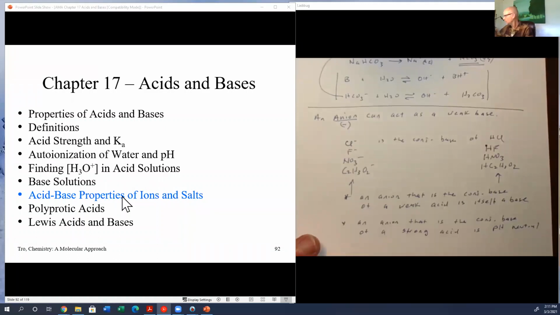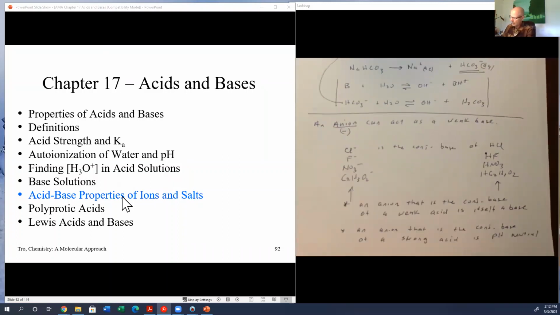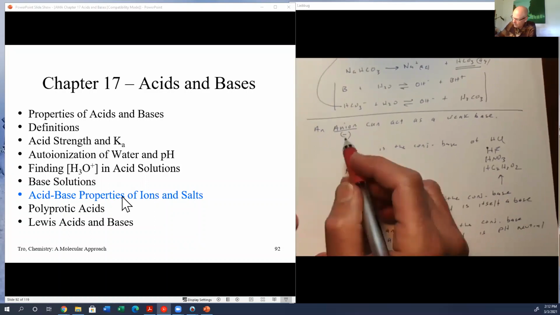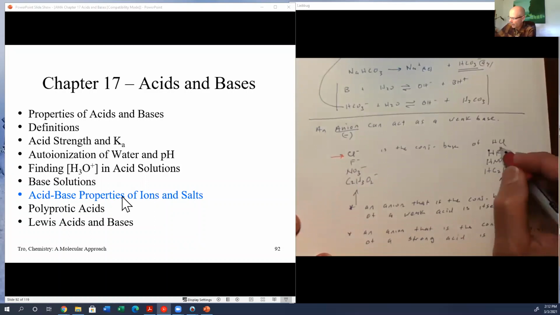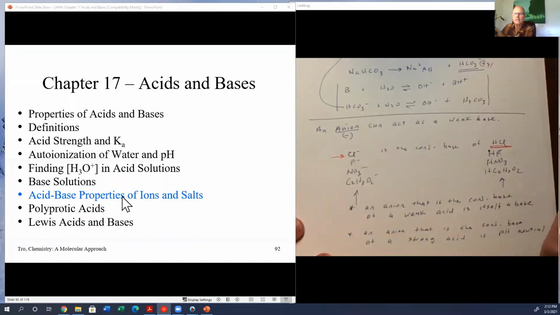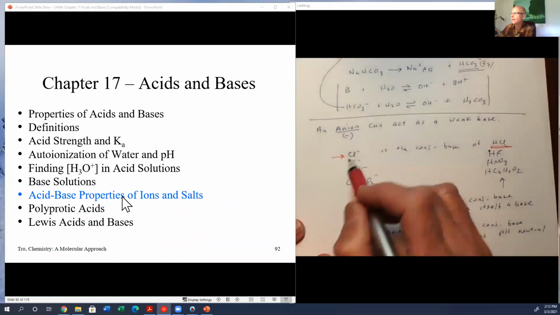So let's look at the anions that we wrote right here, and let's classify them. Cl minus first. It's the conjugate base of HCl. What do you know about HCl? Is it a strong acid or a weak acid? Strong acid. It's a strong acid. So what do you know about Cl minus?